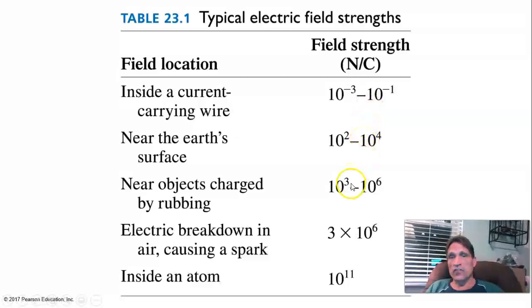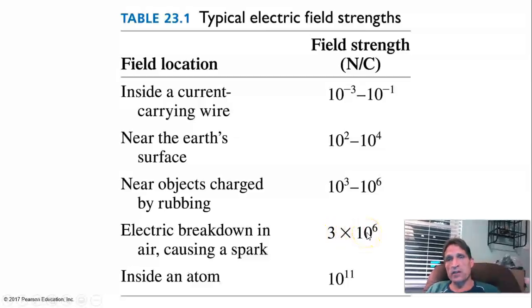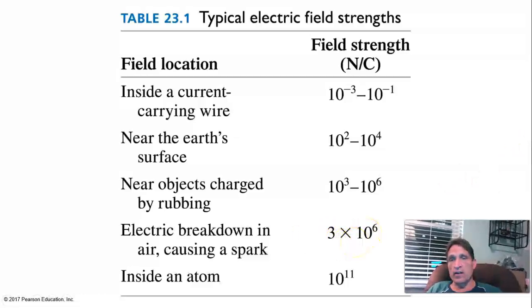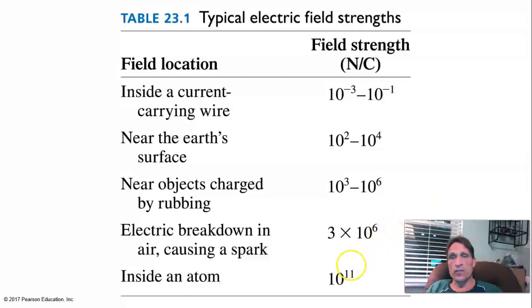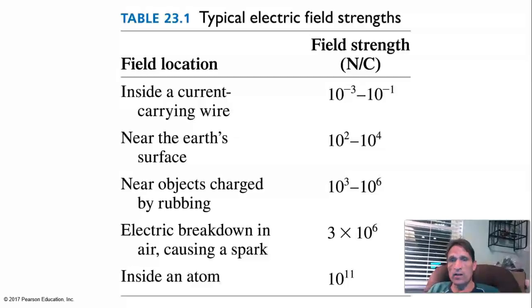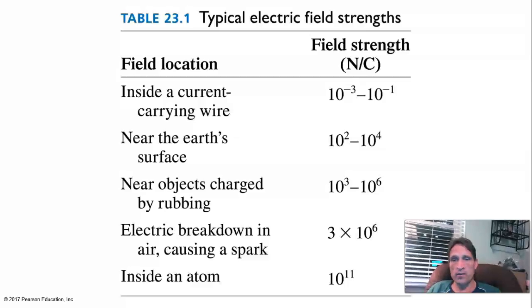When you rub objects together, you can get strong fields, and an even stronger field, on the order of about 3 million newtons per coulomb, is required to ionize air and cause arcing in air. So you need a strong electric field to rip charge off of the air molecules. And then inside the atom, you have very strong electric fields which hold the electrons. They basically form the glue that holds the electrons inside the atom. They bind them to the nucleus.